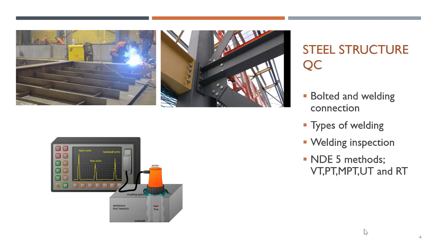This is very important to define the welding, and also we present the welding inspection and how it will reflect on the design itself. What about the types of welding, SMAW, GMAW, MIG, and so on. All this will be presented through the course with the 5 methods for non-destructive examinations.